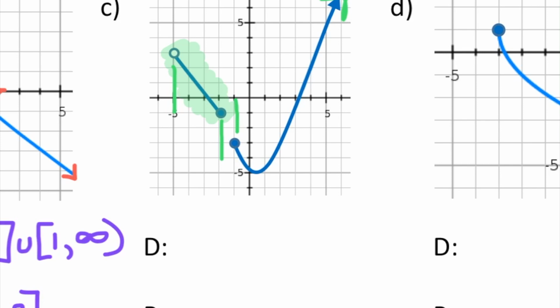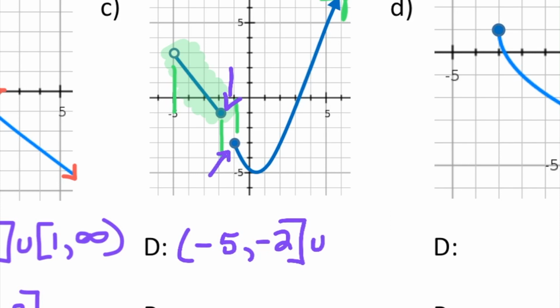But there's that open circle at negative 5, so it's going to be round parentheses, negative 5 to negative 2 with a square bracket because of the closed circle here at negative 2. And then from negative 1 with a closed bracket all the way to positive infinity, all the way to the right. And that's your domain.